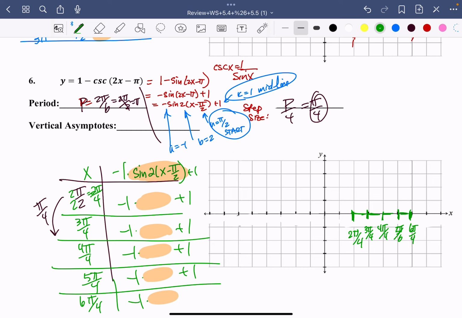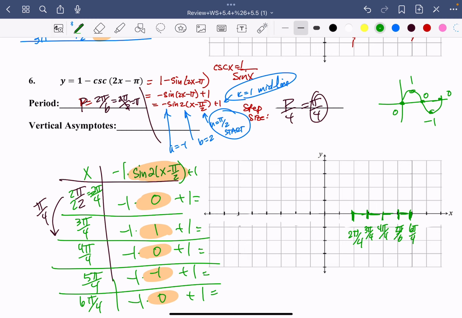So my original sine function, if I have that nice and memorized, goes from 0 to 1 to 0 to negative 1 to 0.